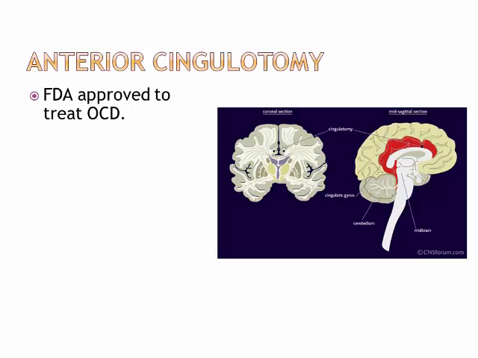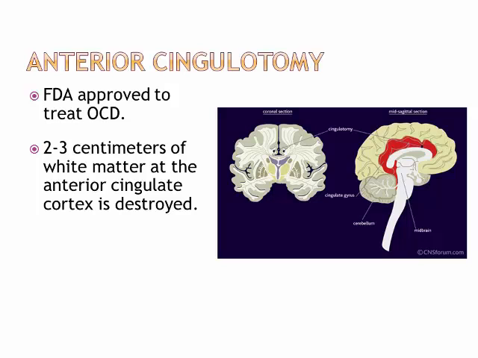In this procedure, a brain surgeon uses a laser to destroy 2 to 3 centimeters of white matter at the anterior cingulate cortex. This disrupts transmission from the frontal cortex and reduces symptoms associated with obsessive compulsive disorder.